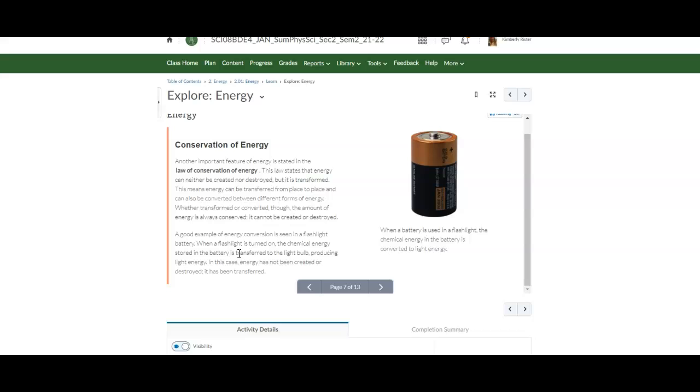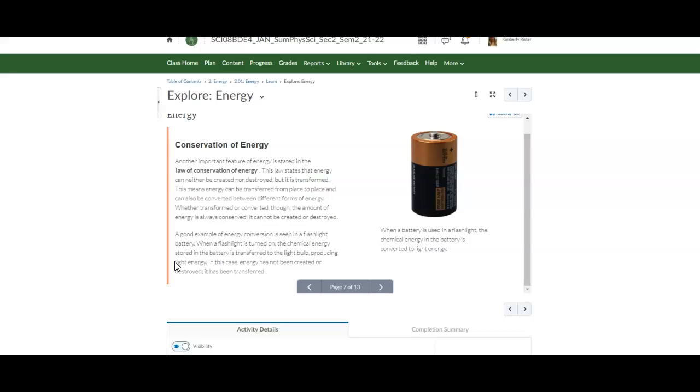So a good example of energy conversion is seen in a flashlight battery. When a flashlight is turned on, the chemical energy stored in the battery is transferred to the light bulb, producing light energy. In this case, energy has not been created or destroyed, it has been transferred. So this is an easy example of something that you could draw into your notes. If you're an artist type person, feel free to draw that flashlight, the battery, and use some arrows to describe the energy transferring.